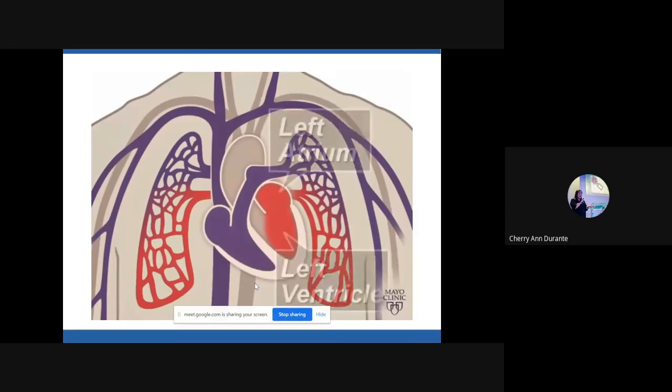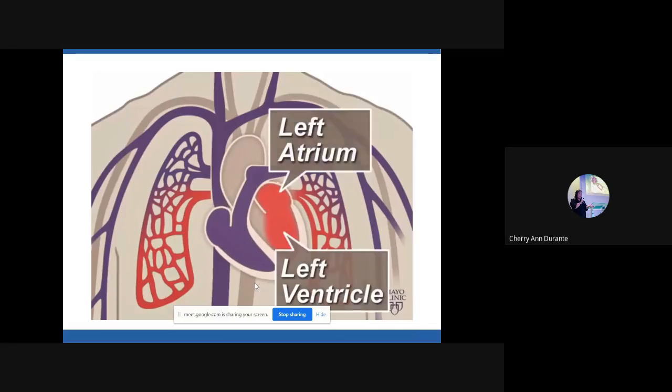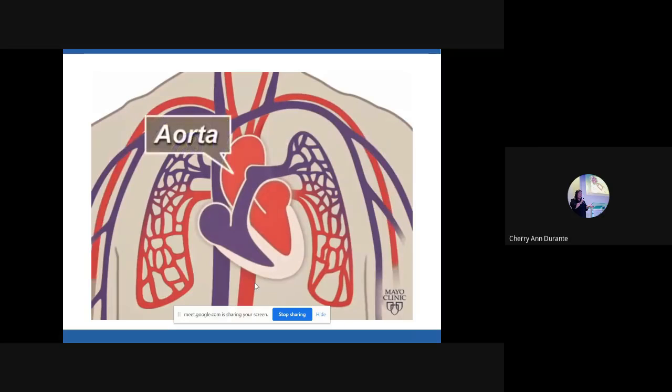Now, the left atrium and left ventricle, sa gitna niya may valve, ang pangalan mitral valve, and it will go to your aortic valve, papunta sa aorta, which is the largest artery in the body. Now, in the left side of the heart, left ventricle specifically, is the largest chamber and has the highest pressure. It also has the most strength, no?